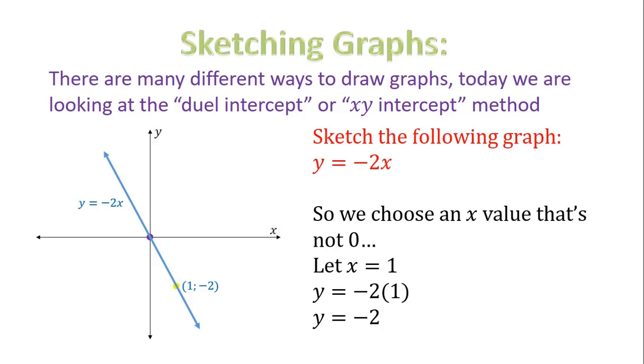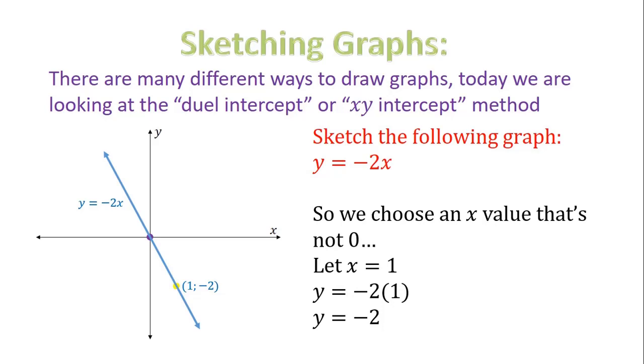An important thing to notice, if I look at the equation for my graph, y equals -2x, there's no number that comes after the -2x. There's no +5 or -3. There's no constant. And that's a hint. When we have no constant for a straight line graph, we're going to have to choose another value that's not 0 for x.